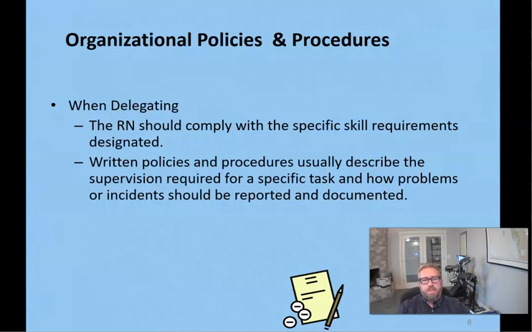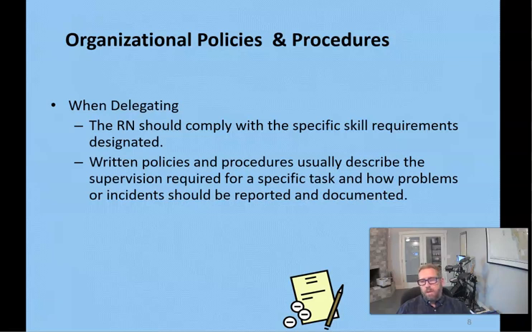Organizational policies and procedures. Super important for a nurse to know anyway, but when delegating, there are usually specific policies, and you should comply with all of the policies, including any competencies or skill requirements that are designated. That means knowing the policies, but also knowing your team well enough to know what they do and do not know.